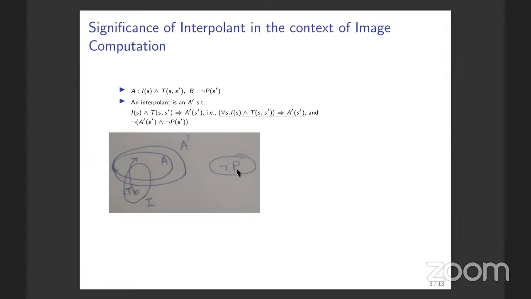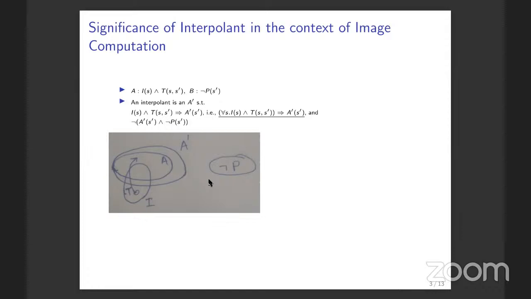P, I'm assuming, is the predicate defining the invariant property, and therefore it still does not. It is an over-approximation that is still safe. An interpolant gives you one such over-approximation.